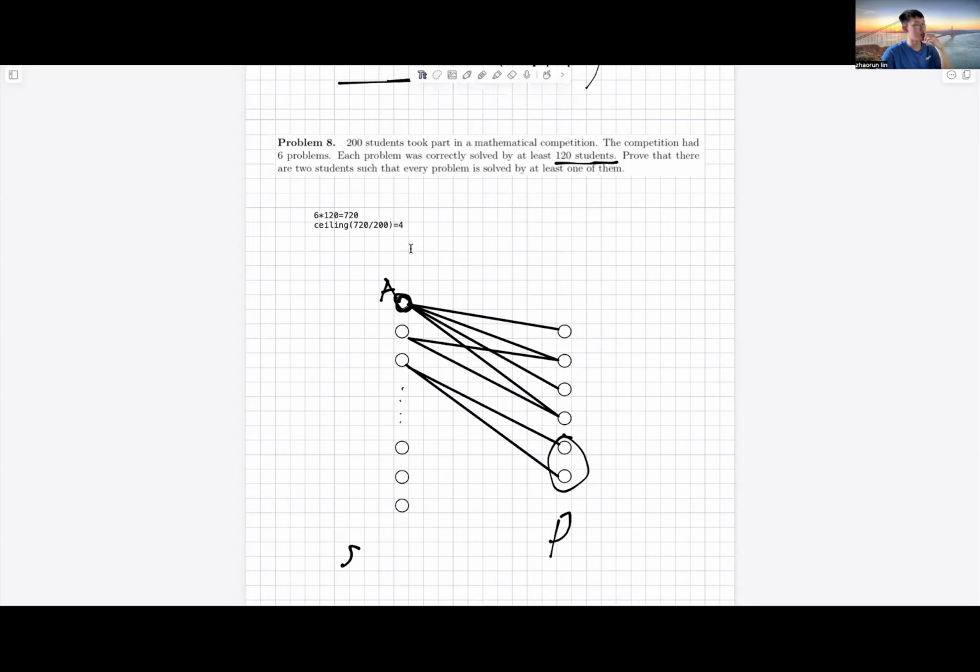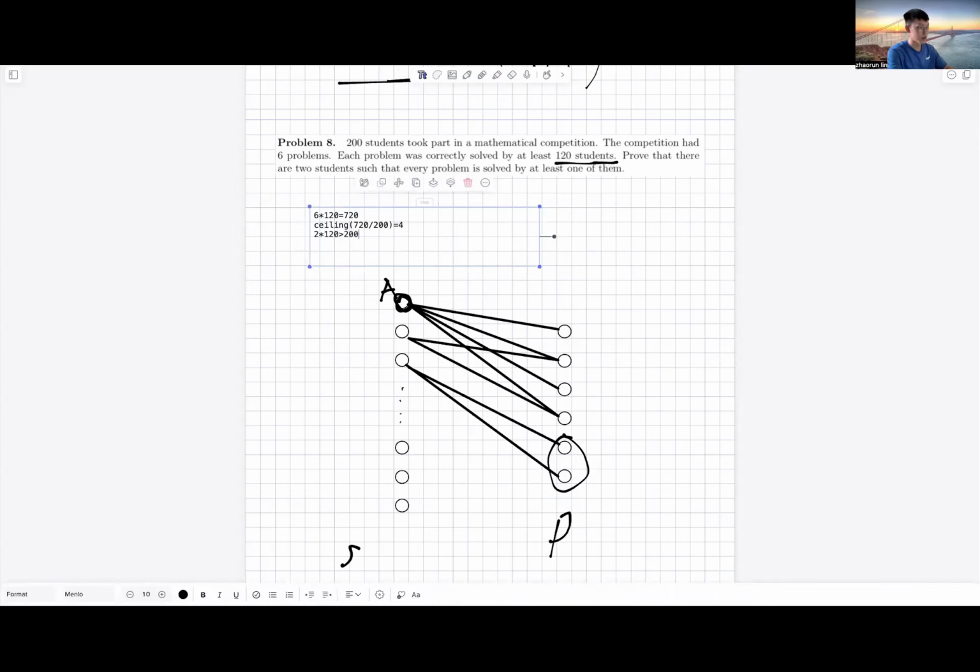How we're going to do this is that since each of these 2 questions is solved by at least 120 students, in total there should be 240 edges, 2 times 120, connecting from the left to these 2 questions.